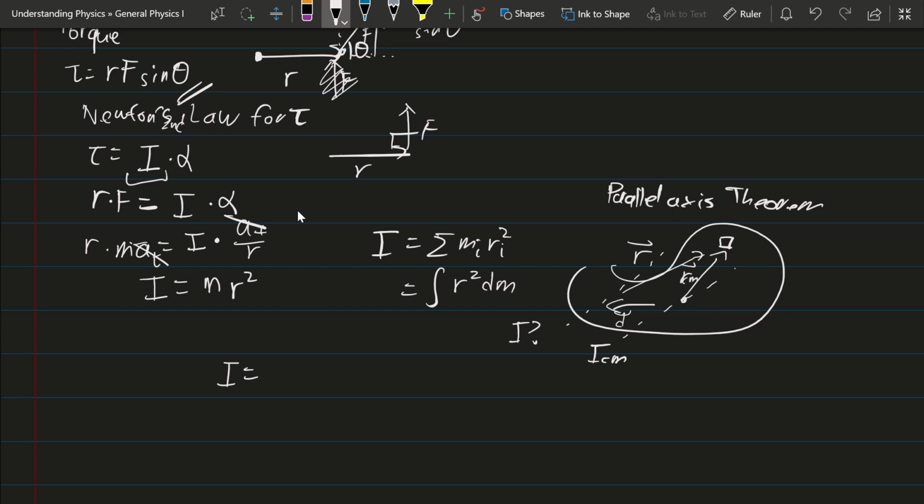So basically it's the sum of r_i squared m_i. This r_i is this r vector, and this r vector could be written as r_cm minus d vector. So we could write this to be the sum of (r_cm vector minus d vector) squared m_i.